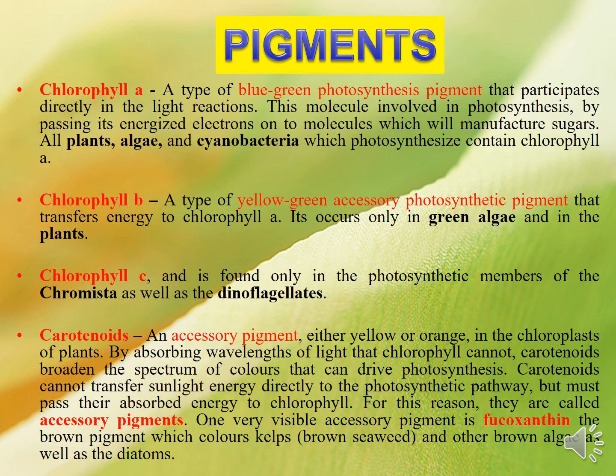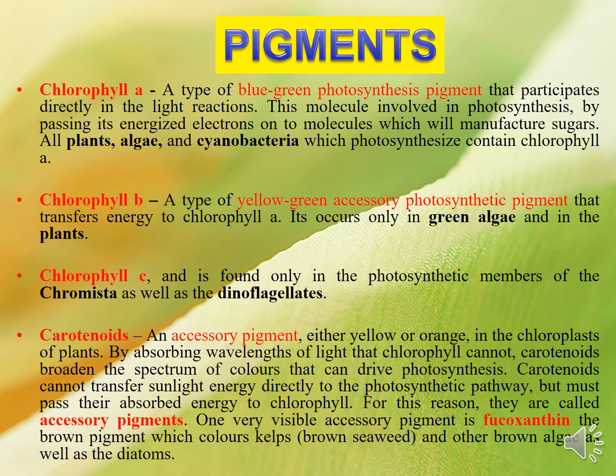Now the pigments. The first one is the primary pigment, which is chlorophyll A, and you have the accessory pigments, which are chlorophyll B, C, and also the carotenoid. As I mentioned before, different pigments may absorb different wavelengths.